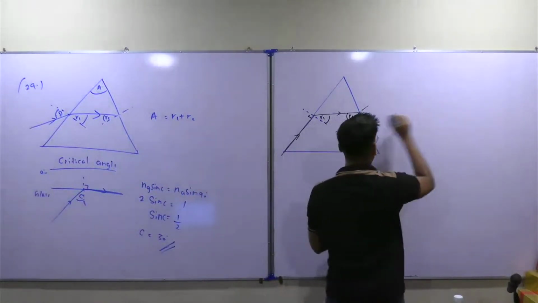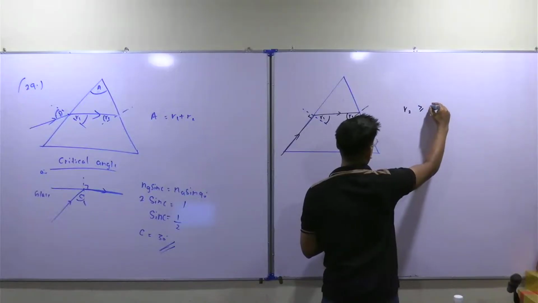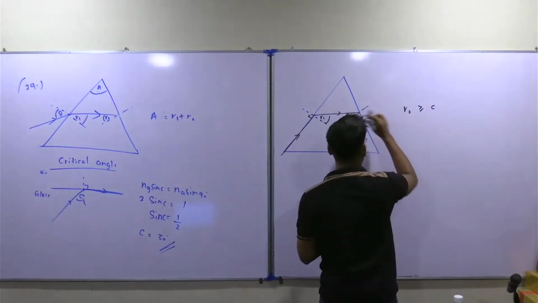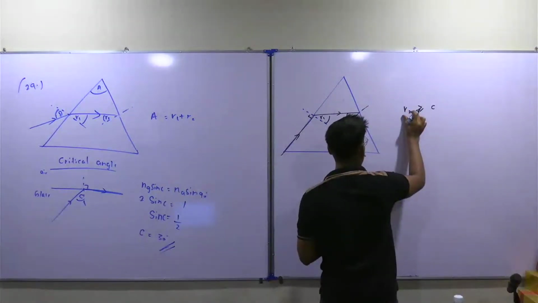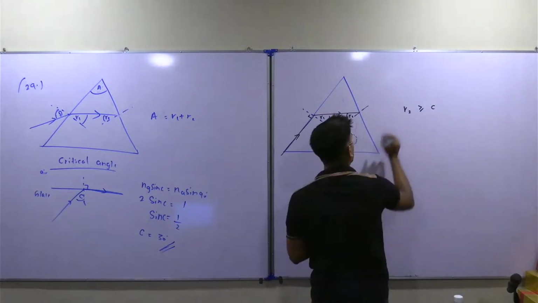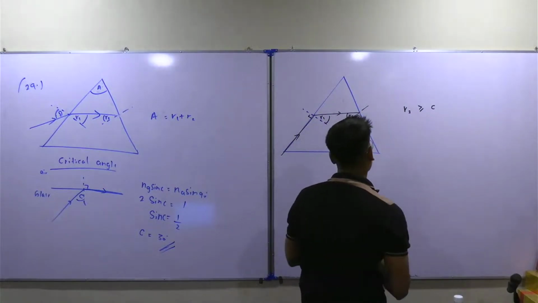So you can say this R2 should be greater than or equal to the critical angle. That's why the ray doesn't emerge. If this R2 is lesser, the ray will refract. If this R2 equals C, it will go along this surface. When R2 is greater than C, it will totally reflect, right?